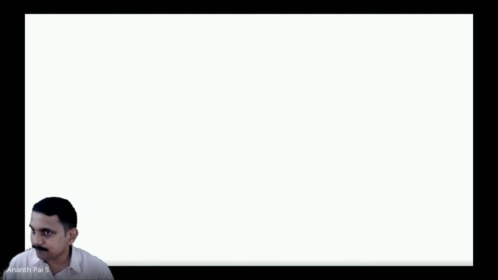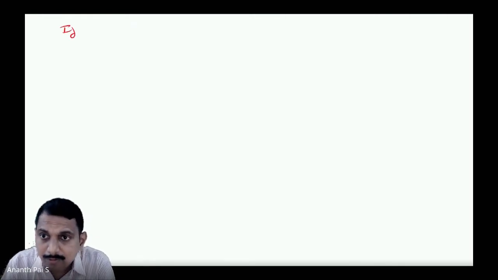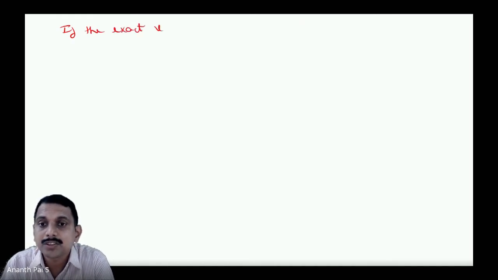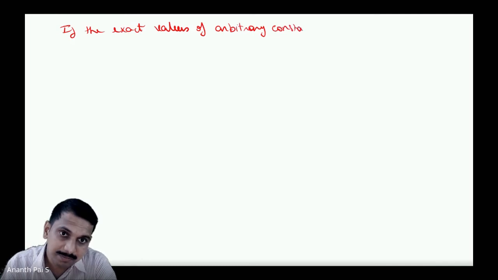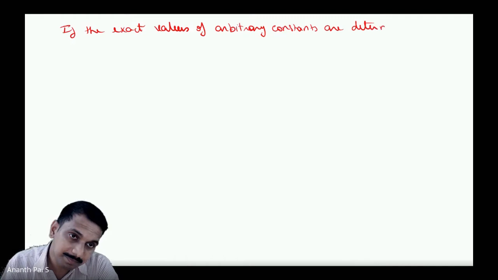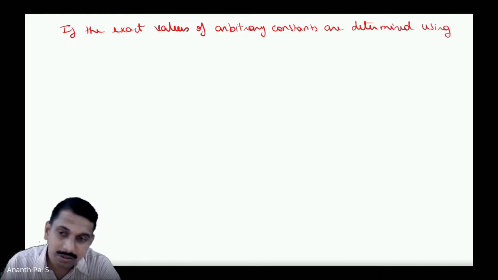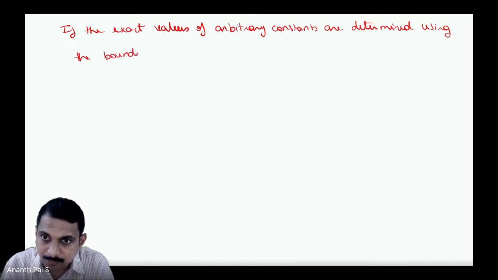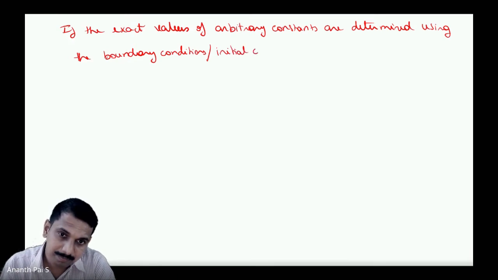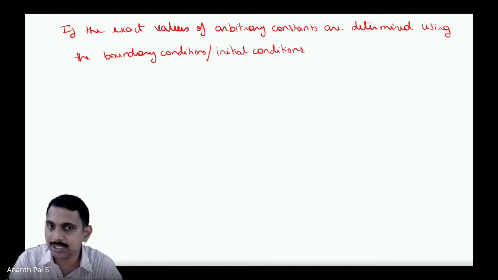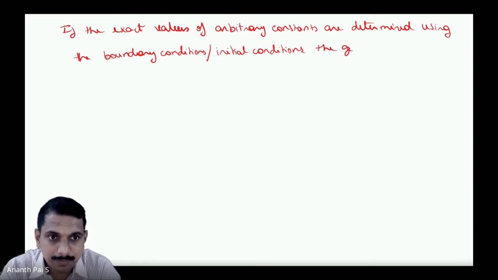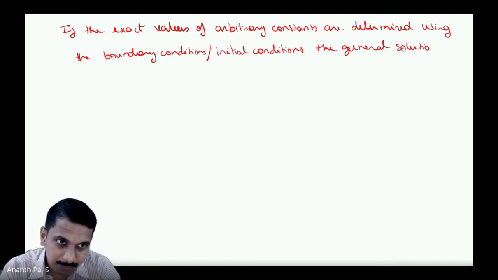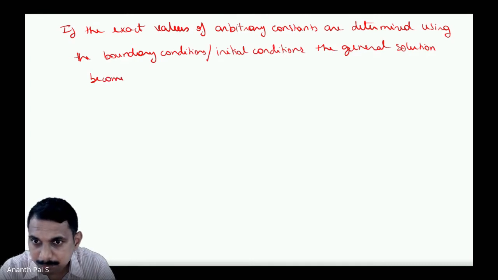Okay, done, everyone? So now, if the exact values of arbitrary constants are determined using the boundary conditions or initial conditions, the general solution becomes the particular solution.